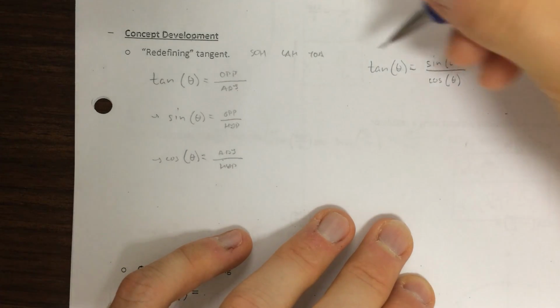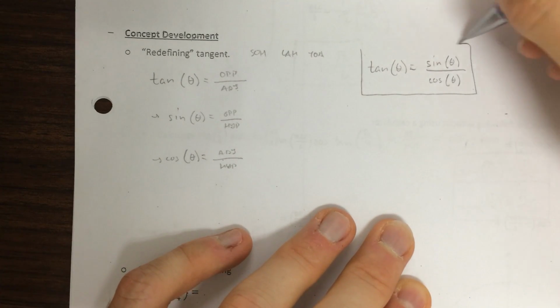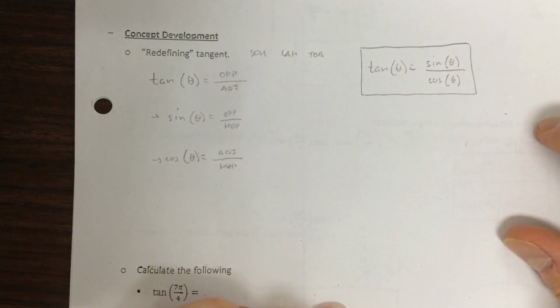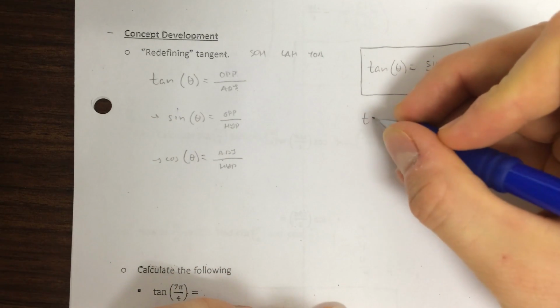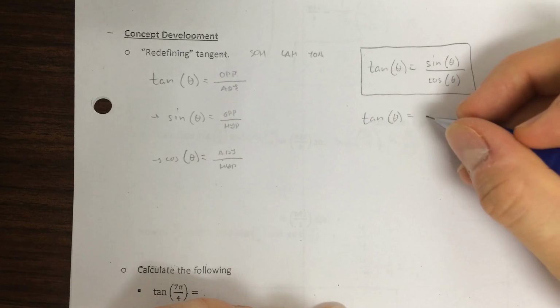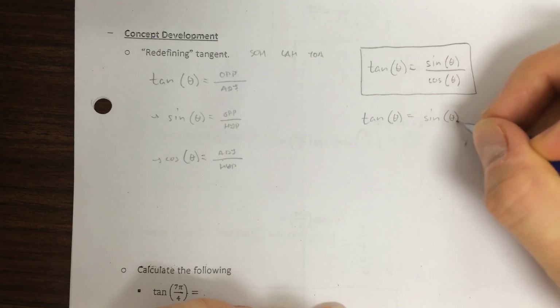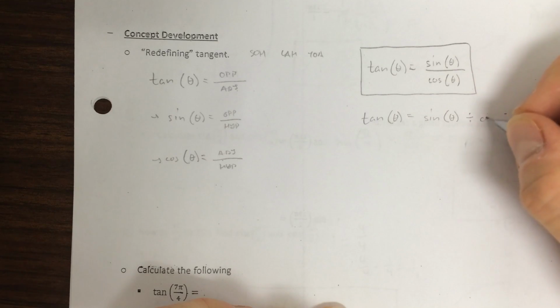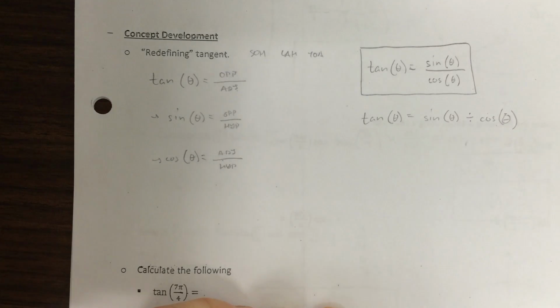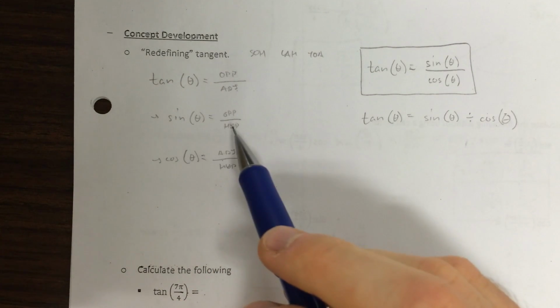Alright, so we're going to try to prove this. I'm going to prove that here. So we said in previous classes that if it's something over something, that's really just division. So we can write this as sine of an angle divided by cosine of that angle. And we see that sine is equal to this.